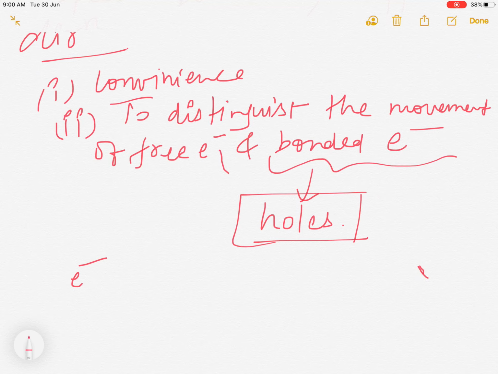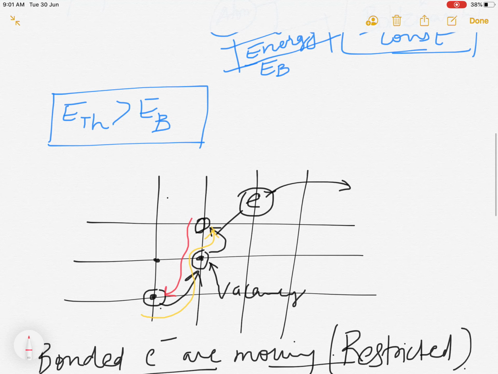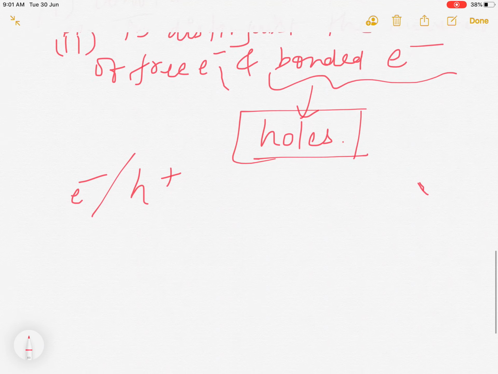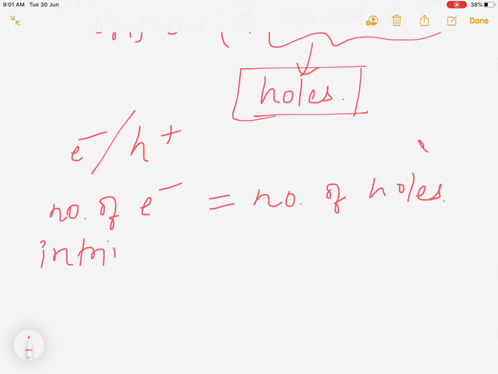So these are electrons and holes. One thing you can also notice from that: as soon as an electron gets free, a free electron generated, a free hole is also generated, right? So the number of electrons must be equal to the number of holes. ये बात हो रही है इंट्रिंसिक सेमीकंडक्टर की.